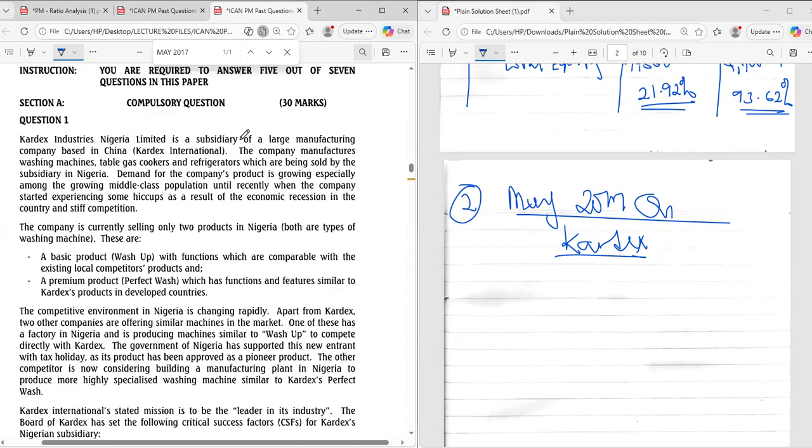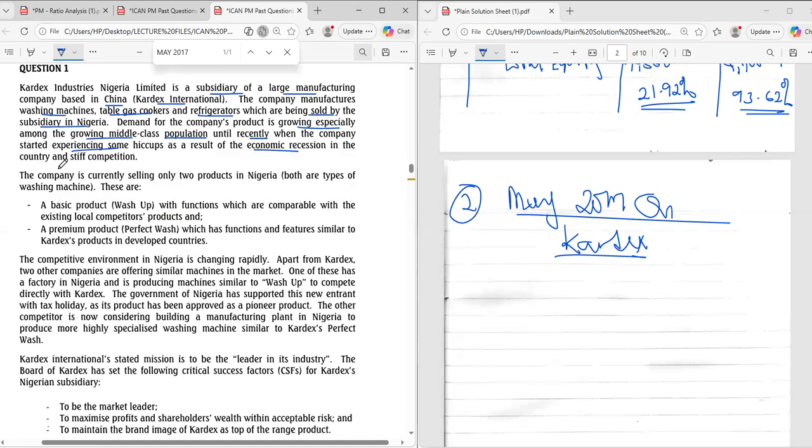Cadence Industries Nigeria Limited is a subsidiary of a large manufacturing company based in China. The company manufactures washing machines, table gas cookers, and refrigerators, which are being sold by the subsidiary in Nigeria. Demand for the company's products is growing, especially among the growing middle-class population, until recently when the company started experiencing some hiccups as a result of the economic recession in the country and stiff competition.